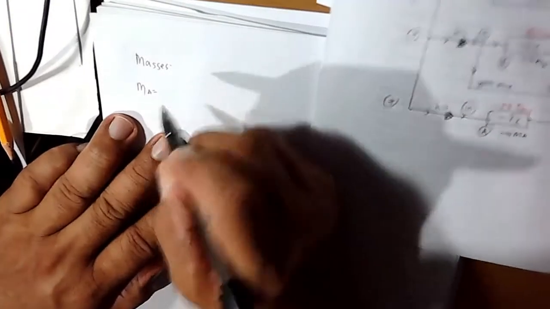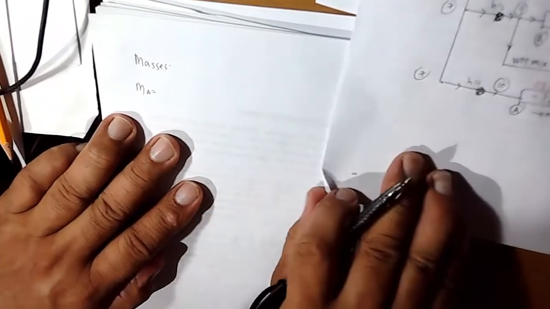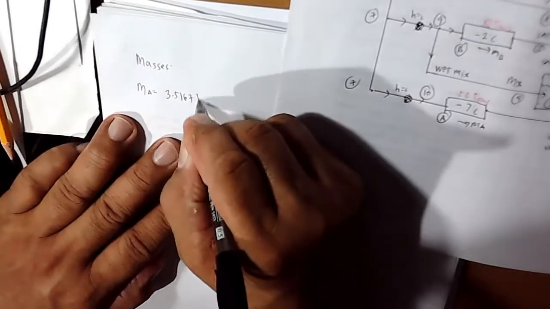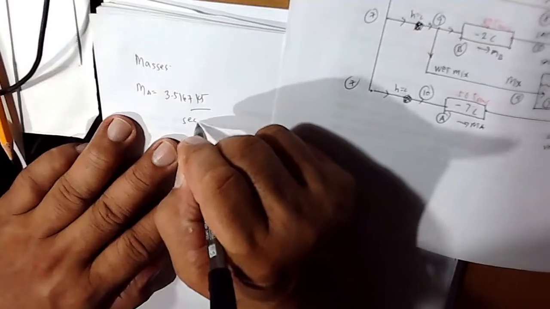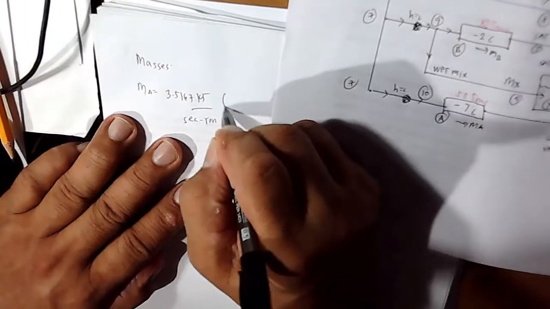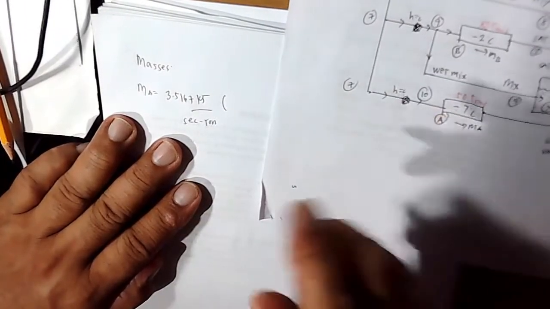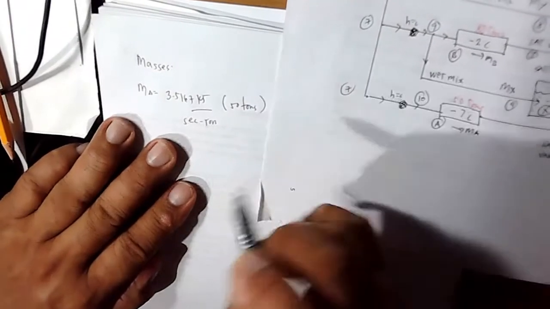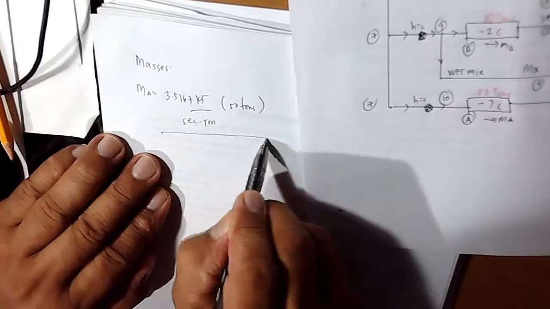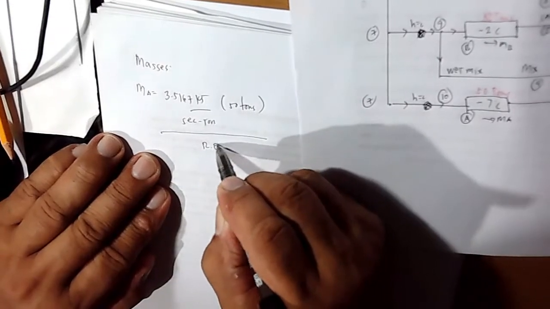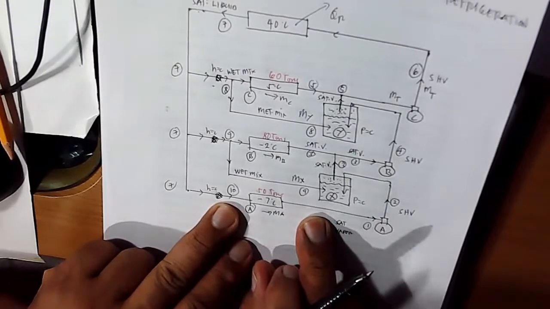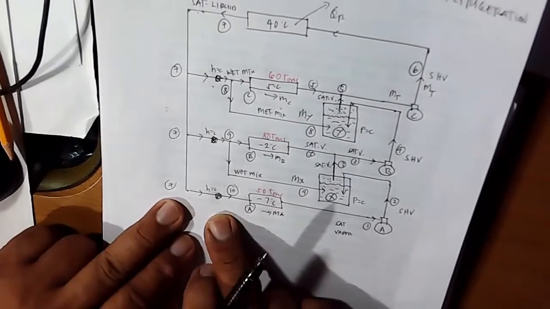Mass A is just equal to 3.5167 kilojoules per second per ton, then we have 50 tons here, all over REA. Your REA is just H1 minus H10.